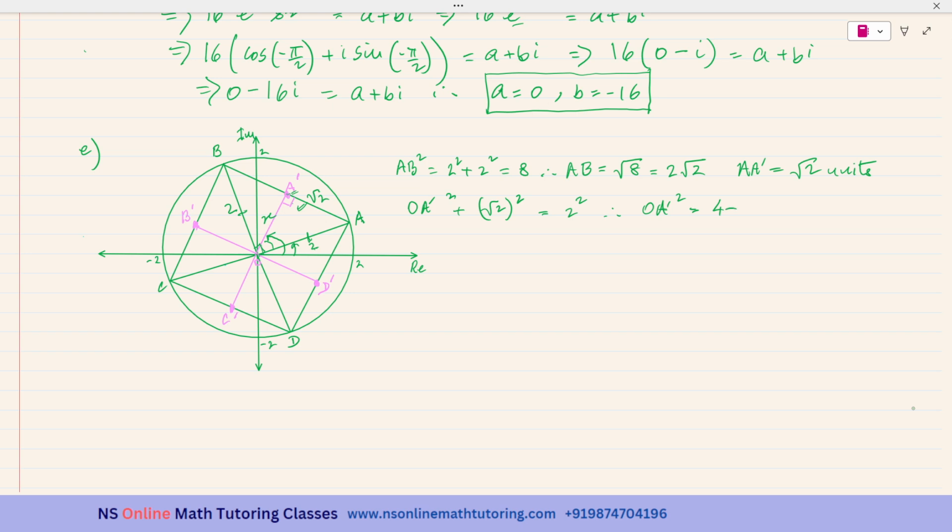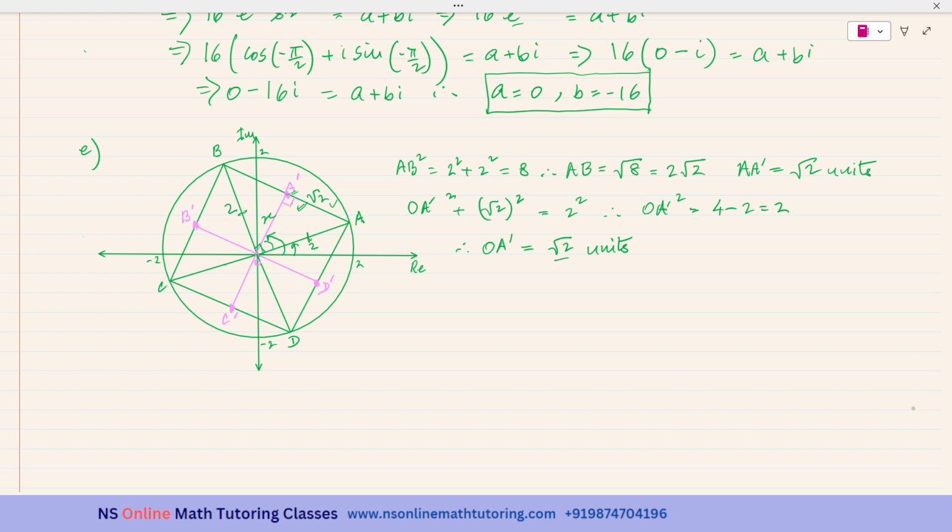So 4 minus 2 is equal to 2. Therefore, OA prime also has the magnitude of root 2 units. This is also a right-angled isosceles triangle. So OA prime is root 2 units.